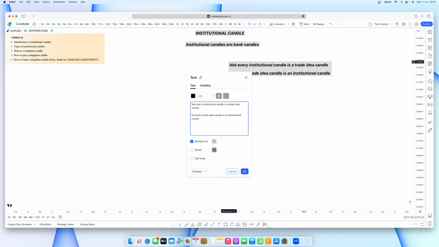So what I'm trying to say is that a trade idea candle is definitely a subset of institutional candles. If you've done mathematics, you know what a subset is, right? It's inside.